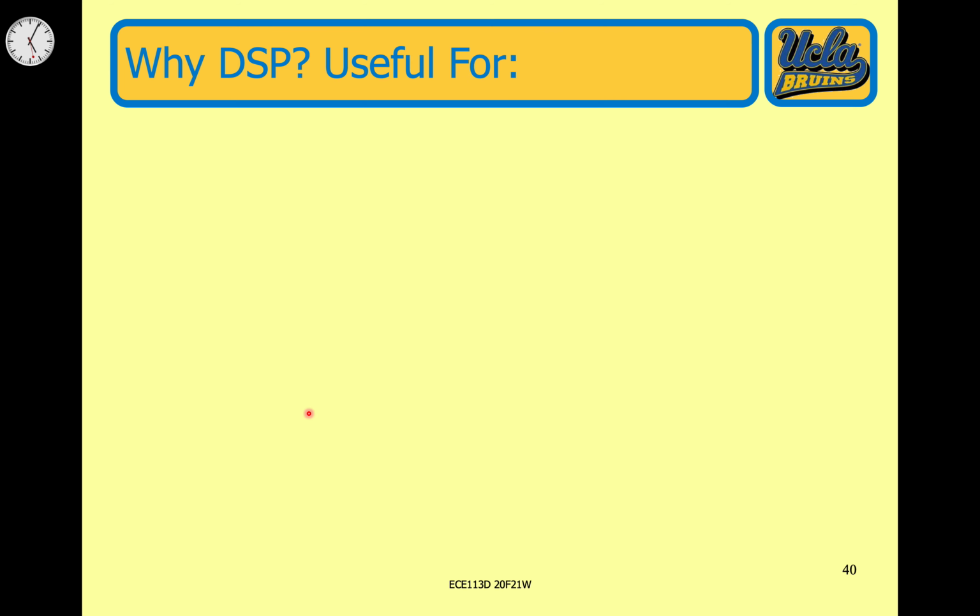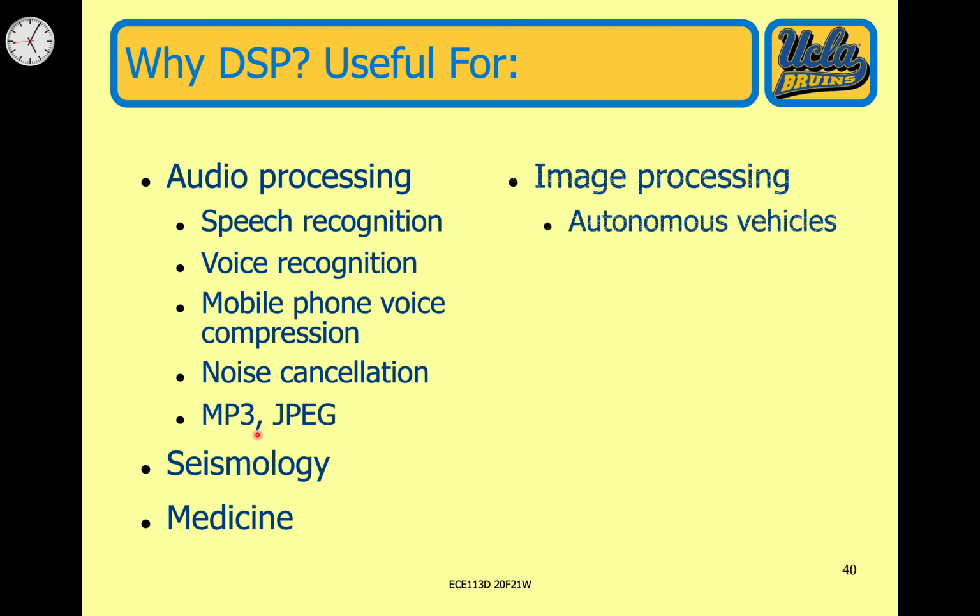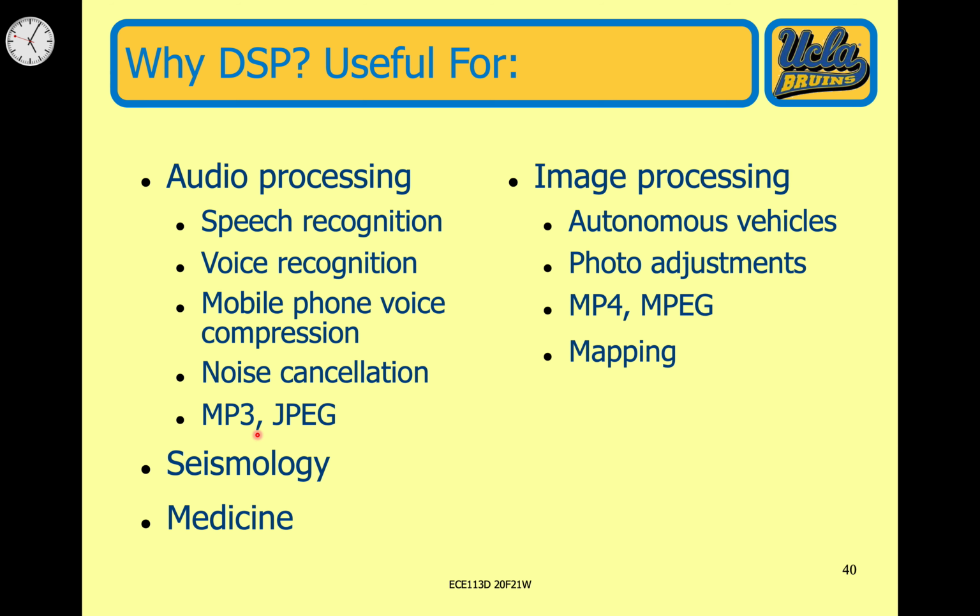I probably don't have to show this to you, but I will anyway. It's used for all kinds of audio processing. This doesn't even mention music. Seismology, medicine, and of course in image processing, there's photo adjustments. That's all the computational photography that's going on with Apple and Google.